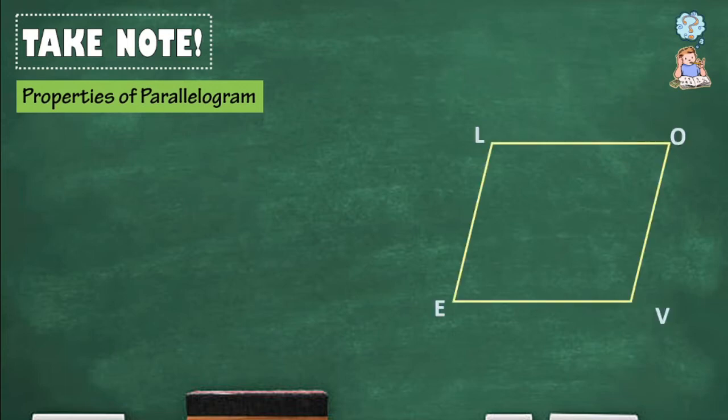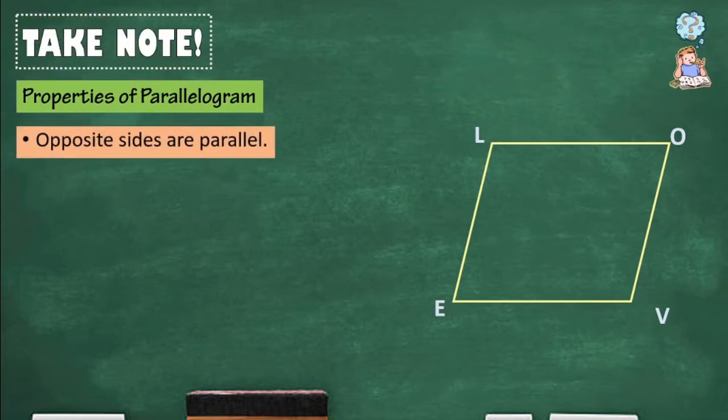Properties of parallelogram. Given the figure parallelogram LOVE, we have the following properties. Opposite sides are parallel. Therefore, side LE is parallel to side OV. Also, side OL is parallel to side VE.